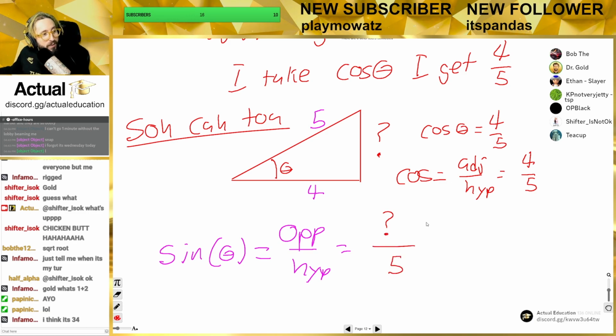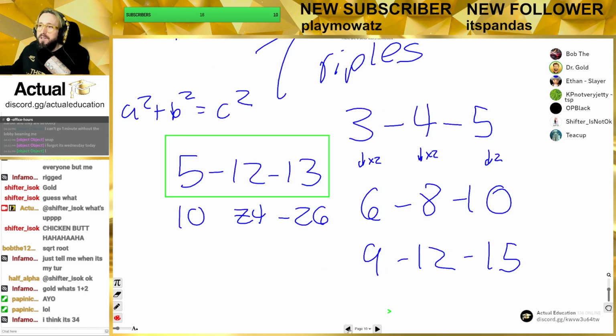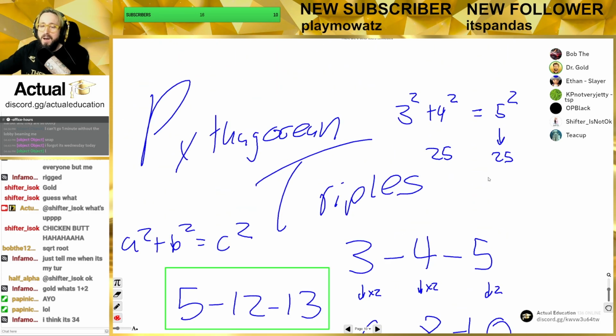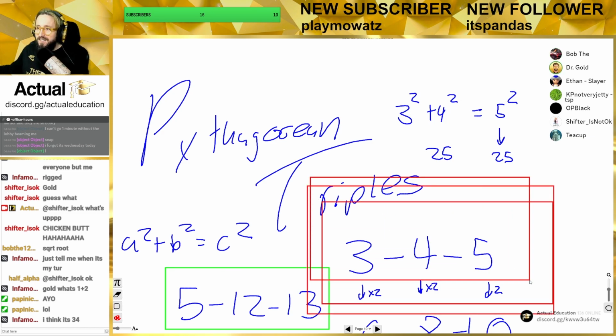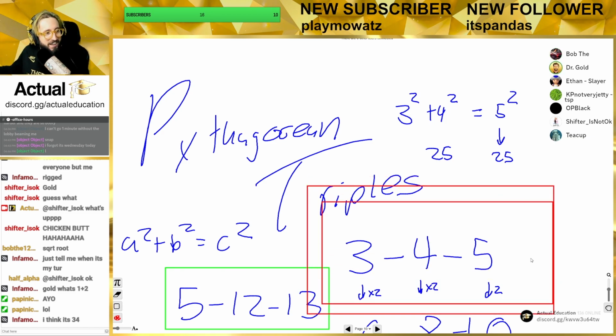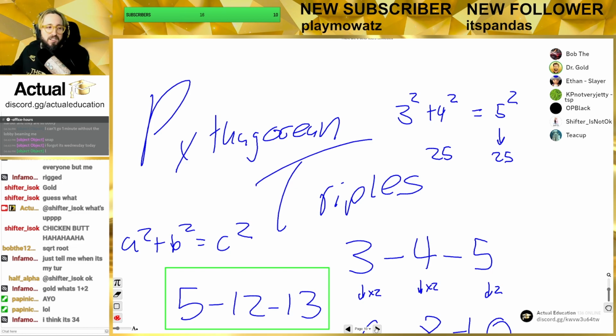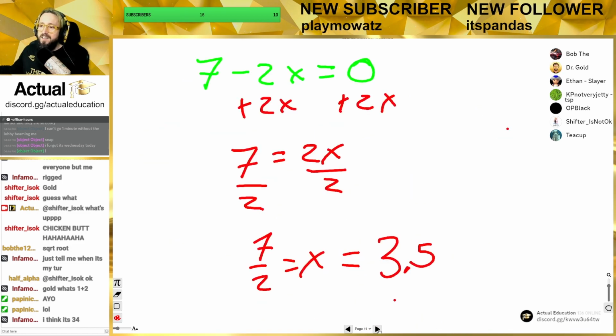How do you think I'm going to find the opposite? Oh, it's the Pythagorean triplet. Yes. Do you see how everything is related? This is a Pythagorean triple, 3, 4, 5. Your teacher doesn't want to grade hard things.